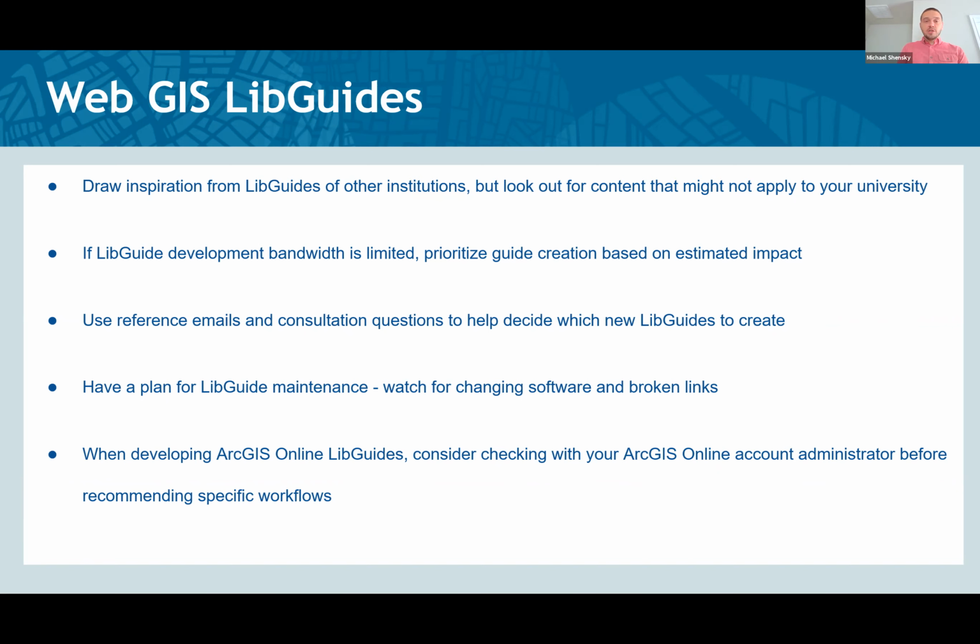One of the strategies that I mentioned earlier this week that's also a good way to think about this issue of prioritization is to use reference emails and consultation questions that you receive to help decide which guides might be best to create. Sometimes I'll get questions that I wasn't expecting, and once I see those pop up once, twice, three times, that's a hint to me that this is something folks on campus are wondering about, even if it wasn't something I was initially thinking of.